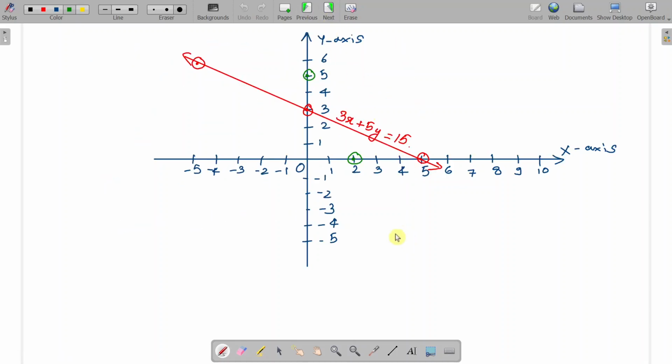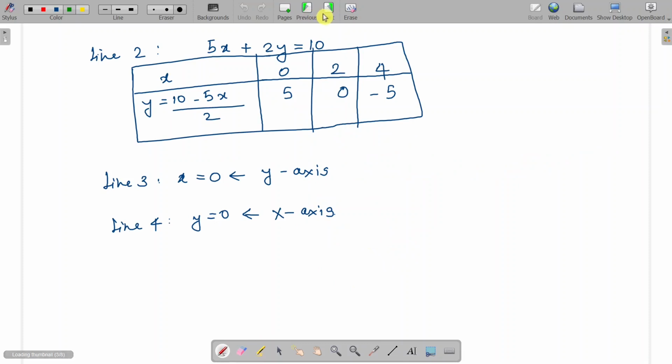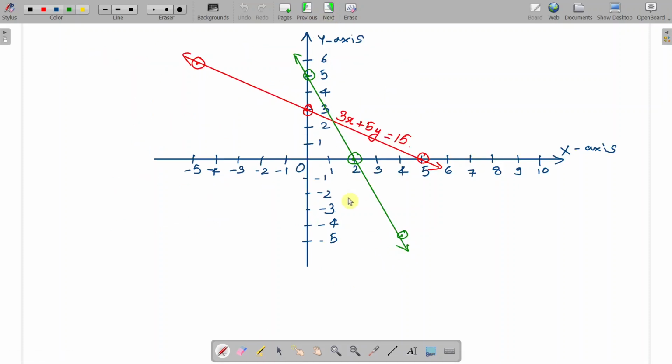Okay, 4, -5 here. So let us join these 3 points, and now let us name this line here. So it is 5x plus 2y equal to 10.